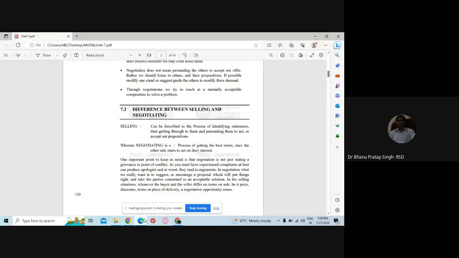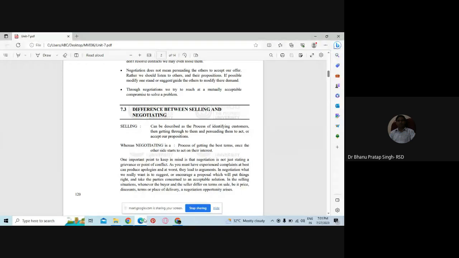Whereas negotiating is a process of getting the best terms. Once the other side starts to act in their interest, salesmen also negotiate many things. As I said, in terms of price, quality, size, many things he or she negotiates with the customer.